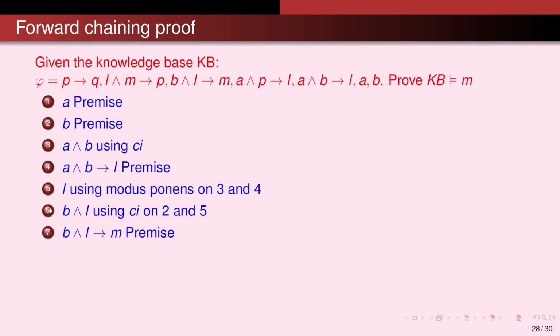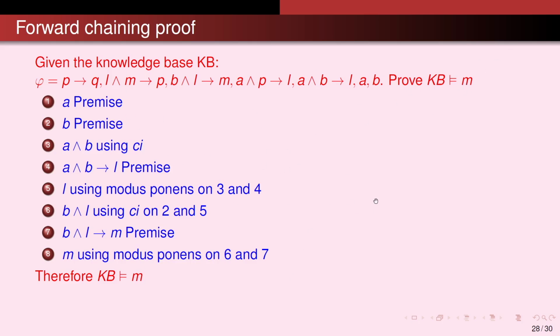Now, we can use 6 and 7 and apply modus ponens to it, and get M. Therefore, I can prove that through natural deduction rules, the knowledge base entails M.